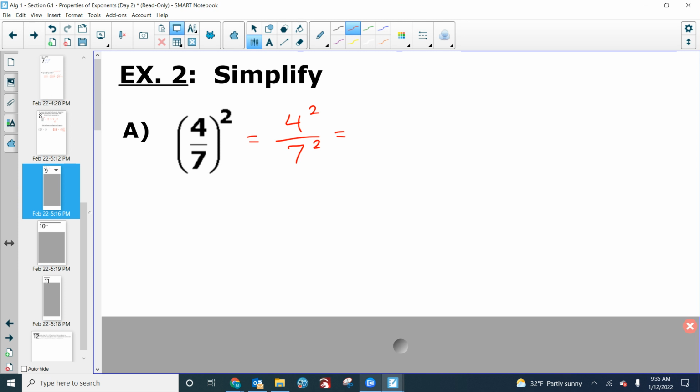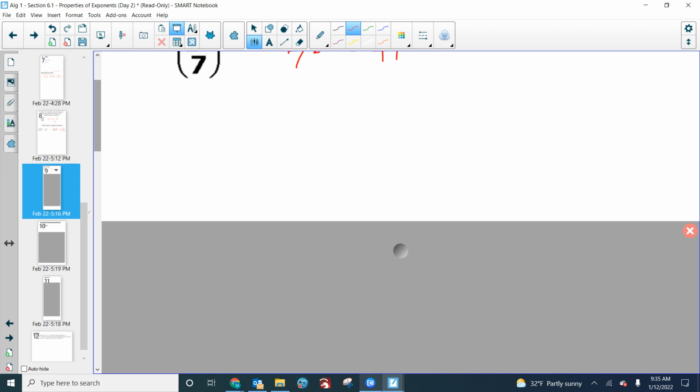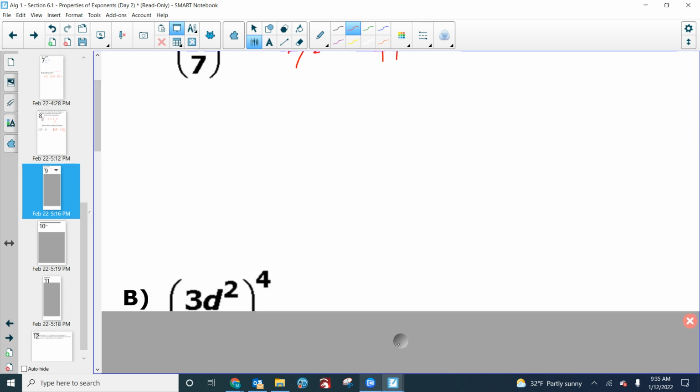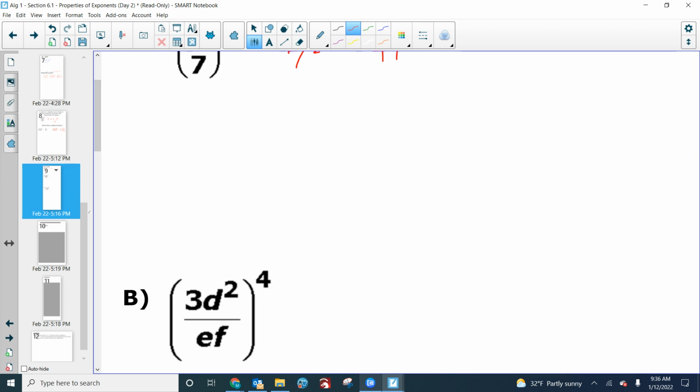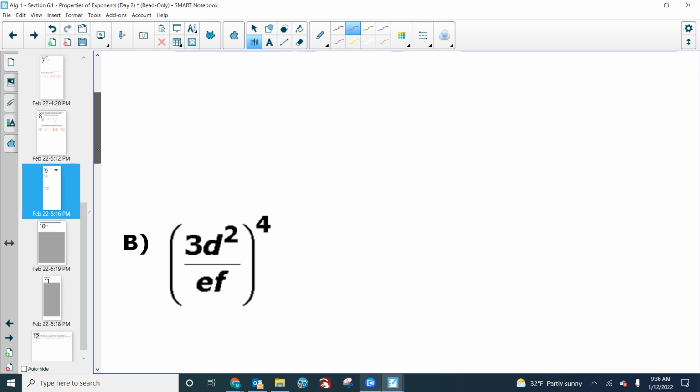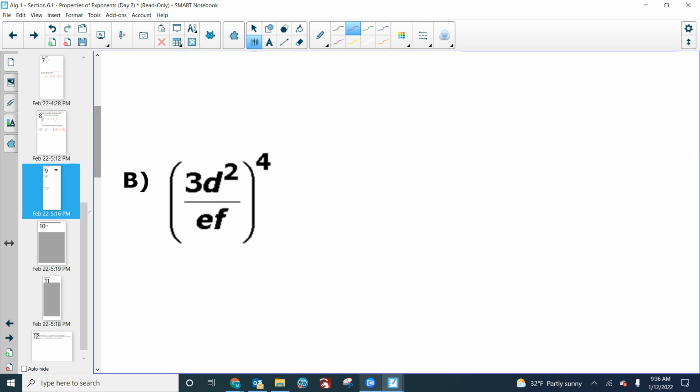Samar, what'd you get? 16 over 49. Very good. Now, could you have written out 4/7 times 4/7 and gotten the same thing? Yeah. But this exponent rule will help us, especially when we're dealing with variables. Ooh, now we got a combo of rules. Combo.